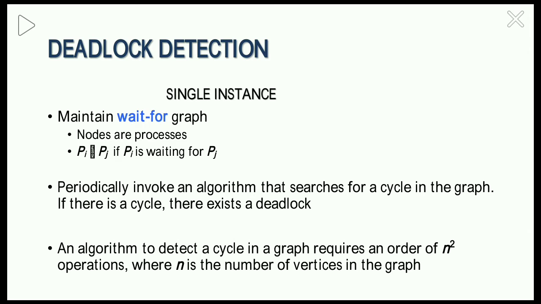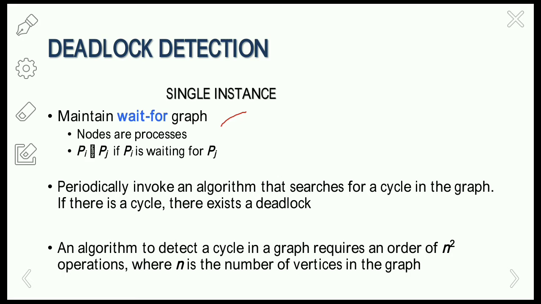In the case of the single instance resource type, we are going to use the wait-for graph. A wait-for graph is similar to the resource allocation graph. Here we take the nodes as processes, and resources are not taken.